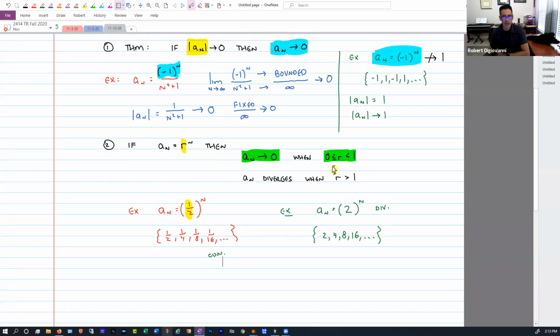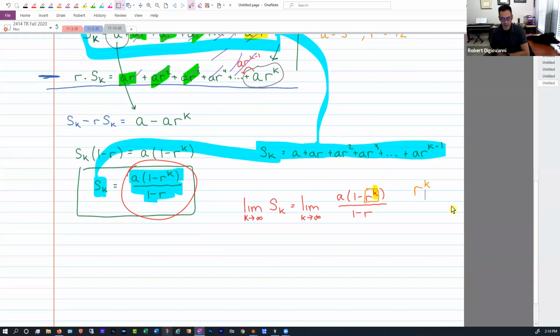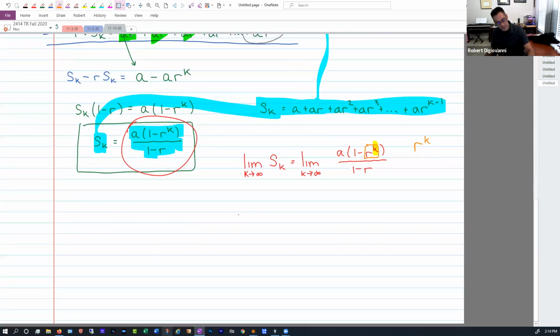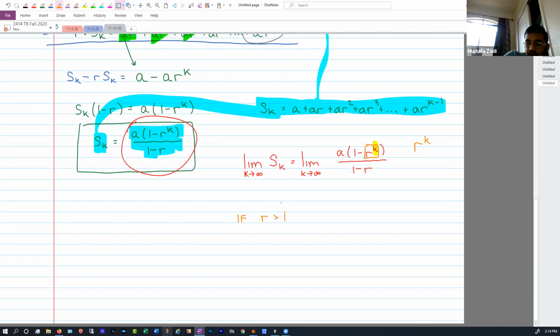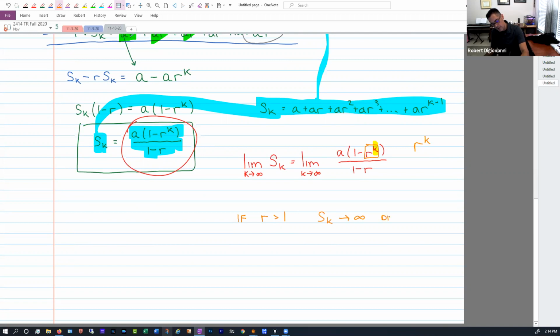So here, if r is bigger than 1, it's going to diverge. This whole thing will go to infinity. Then S sub k goes to infinity, and that means it diverges.